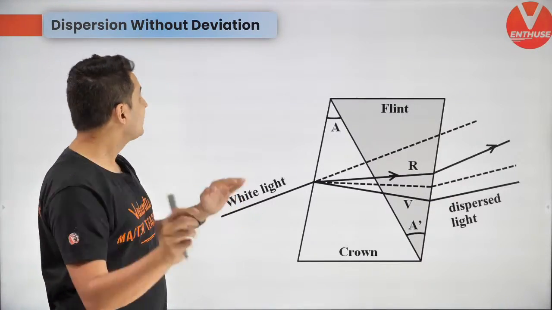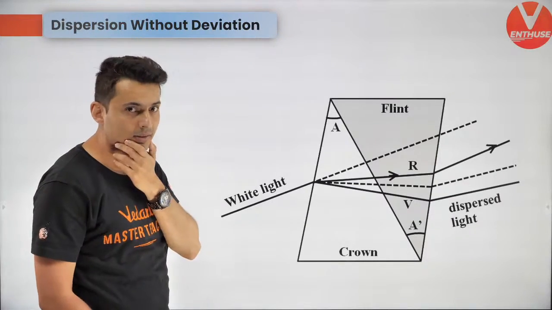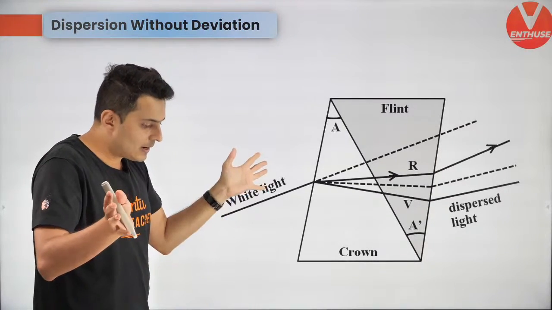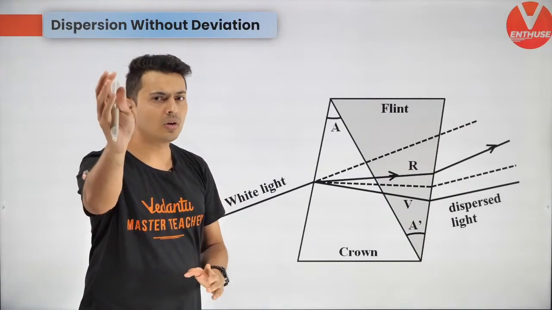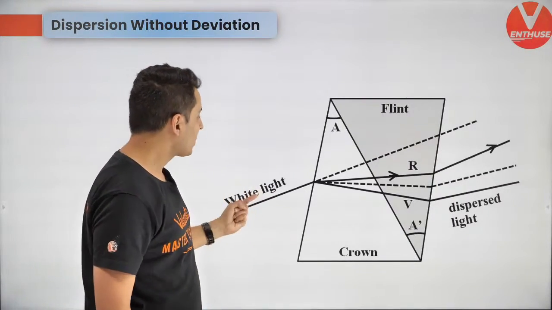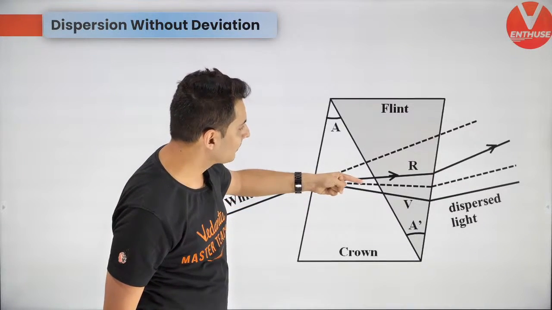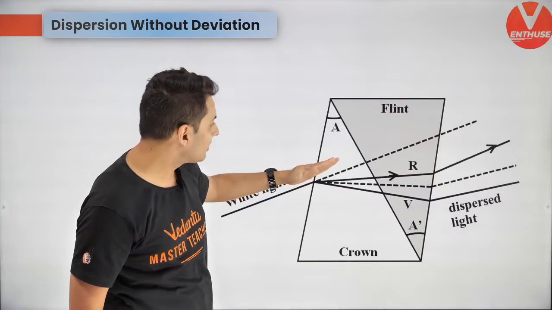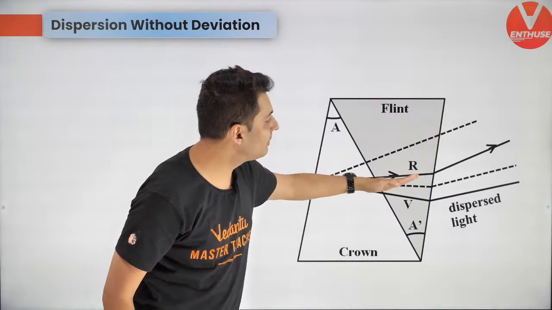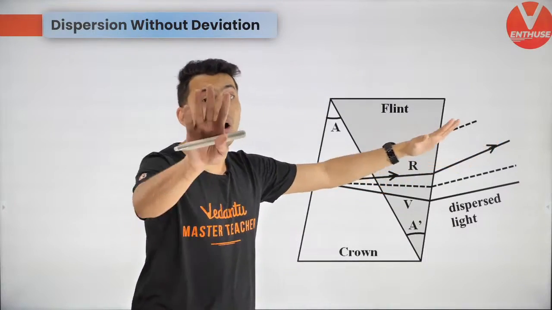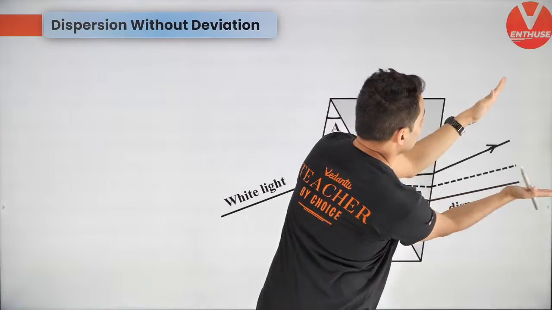So what is the meaning of that? Dispersion without deviation means the light spreads, but the deviation is not there. So think about the average deviation. If white light is going here, yellow light will bend because of this prism, and the second prism will make it bend again like that. So on average, there is no deviation, but the light is still spreading.